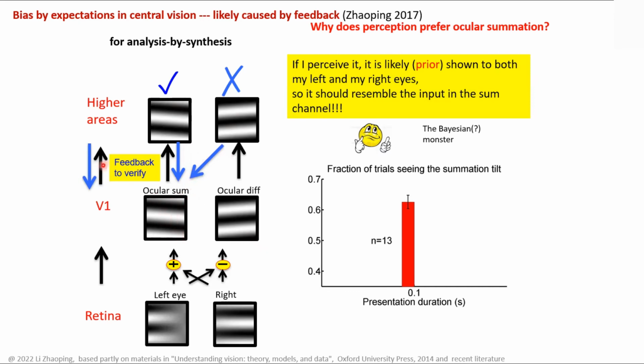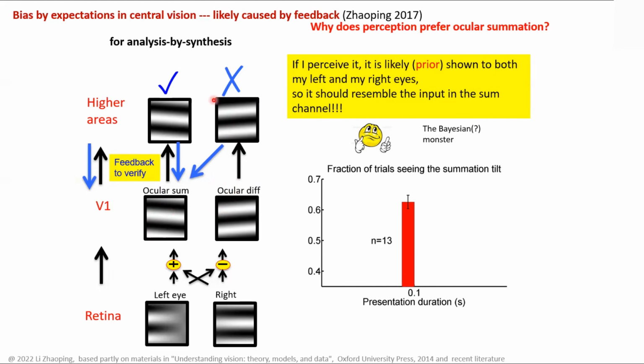Now there is an assumption that the higher visual areas do not know which channel this comes from. Because if it knew this comes from this channel, it would go back and check with this channel, right? Why does it not go check with that channel? The reason is that starting from V1, the information starts to be lost.